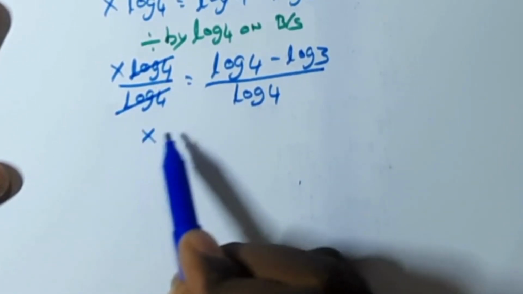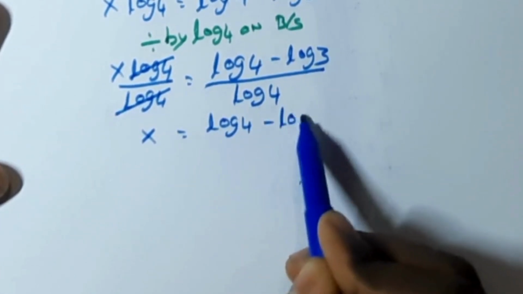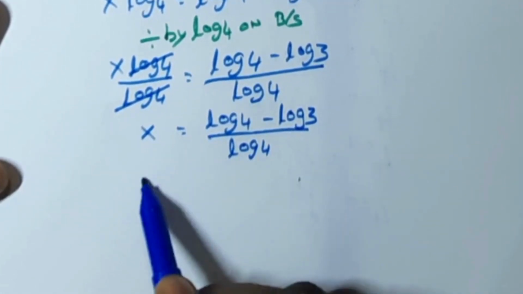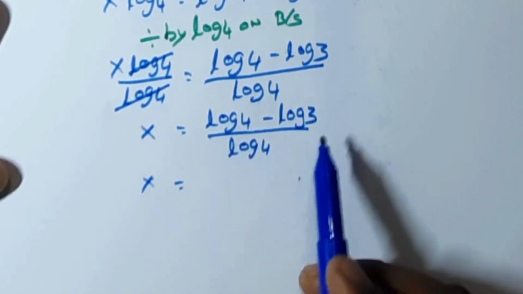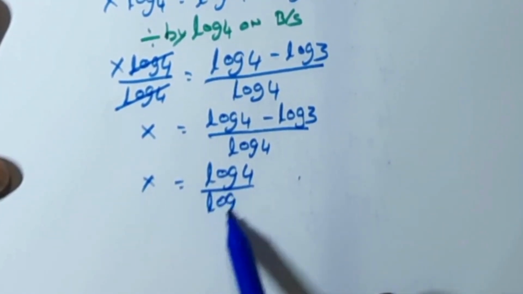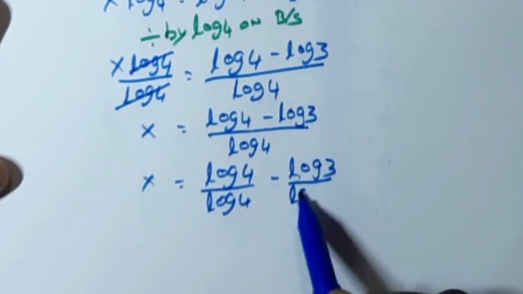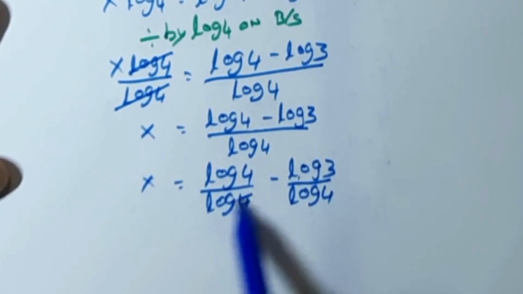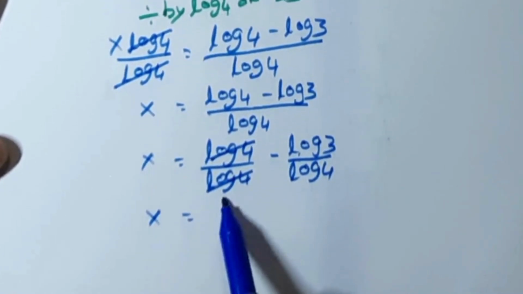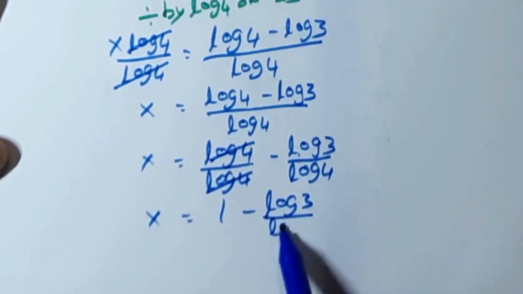So we have x equal to (log 4 minus log 3) by log 4. So now we are going to separate this: log 4 by log 4 minus log 3 by log 4. This log 4 cancels this. So x equal to 1 minus log 3 by log 4.